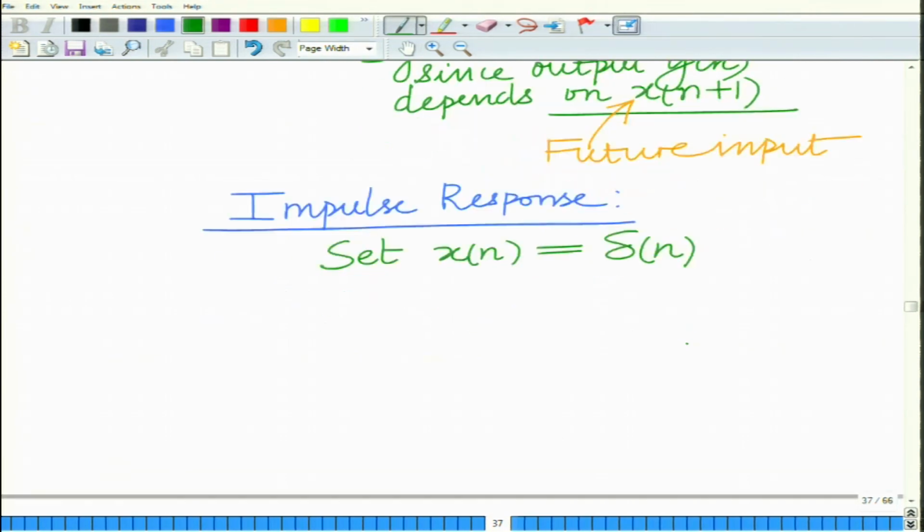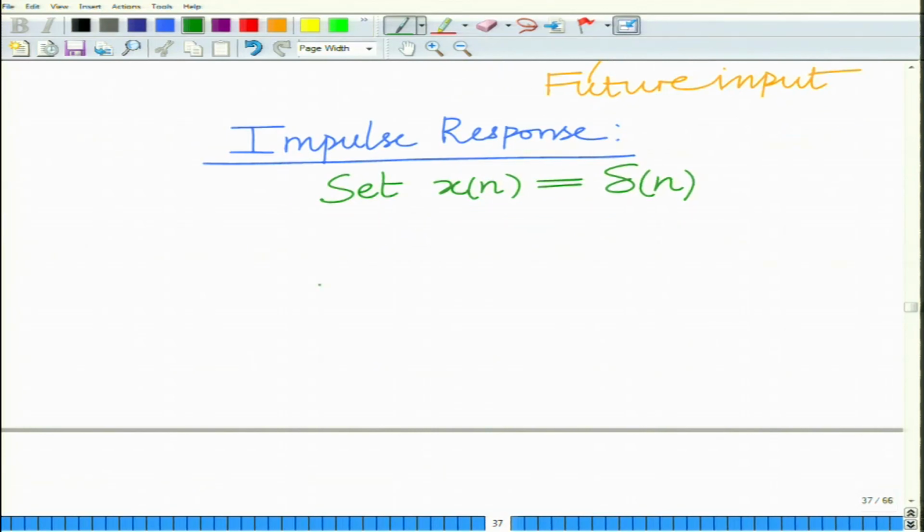Set the input to the impulse, what we will have is y[n] equals summation k equals minus infinity to n of 2 power k minus n delta[k plus 1].